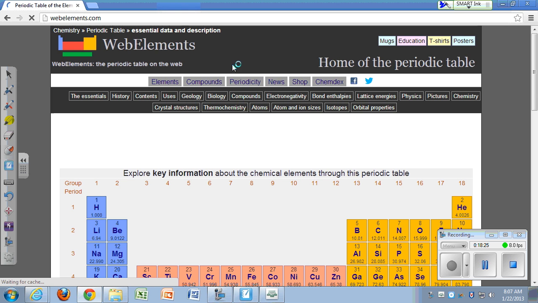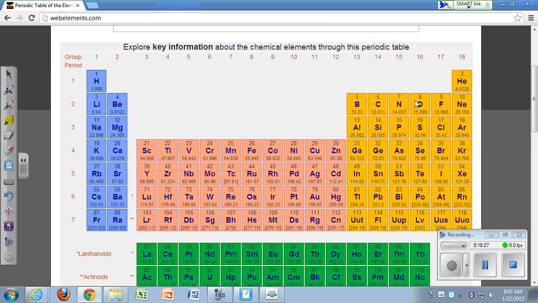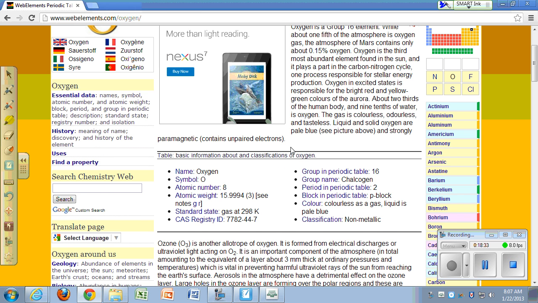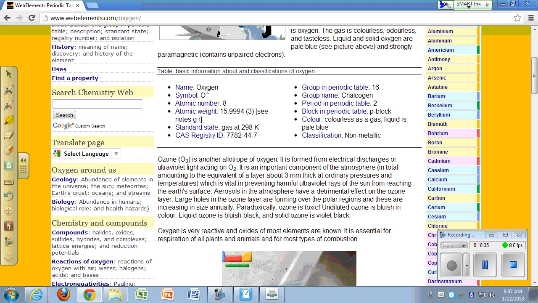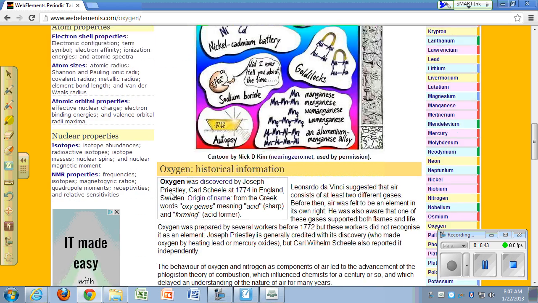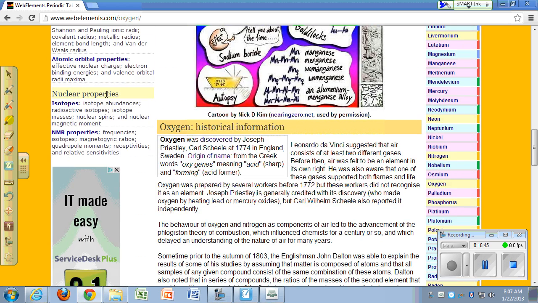This is webelements.com. For example, if you click on oxygen right here, it gives you information about oxygen. So there's the name, symbol, atomic number. And over here on the left-hand side, you'll see nuclear properties, properties of the nucleus.